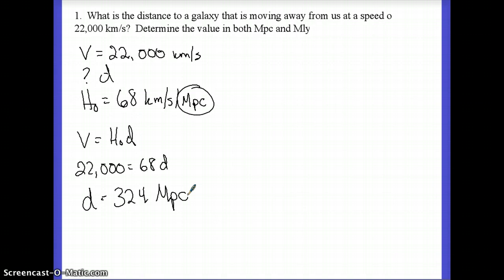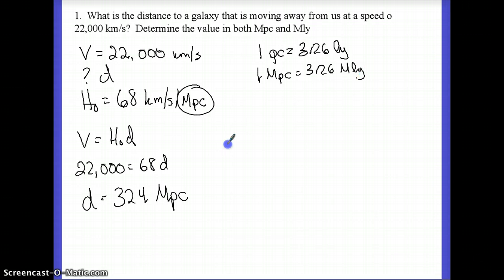To give you a better sense of that, we'll convert it to light years. Now, 1 parsec is 3.26 light years. And we can also say that 1 megaparsec is 3.26 mega light years.